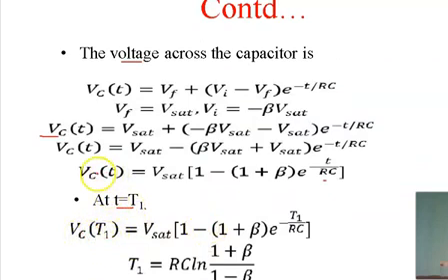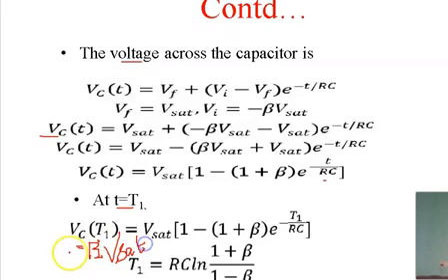So Vc of t at time instant t1, Vc of t1, is nothing but beta into V saturation.